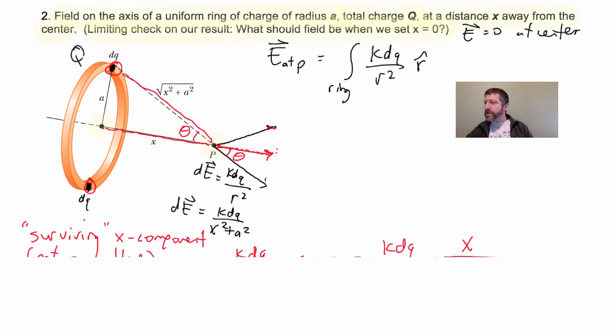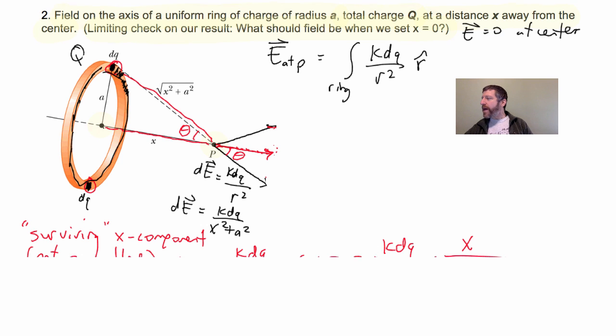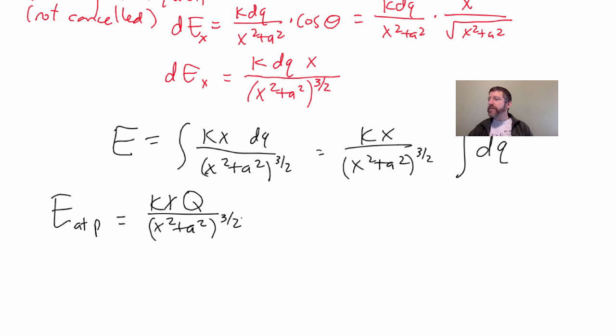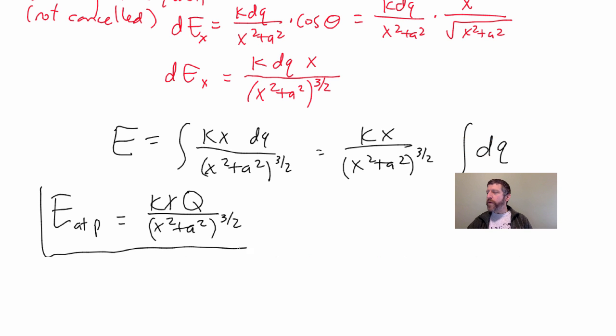What do you get when you add up this dq, this dq, this dq, all of them? Well, that's simple. That's just q. So the E field at P is equal to kx times q over x squared plus a squared to the 3/2. That is it. That is our field due to that ring.